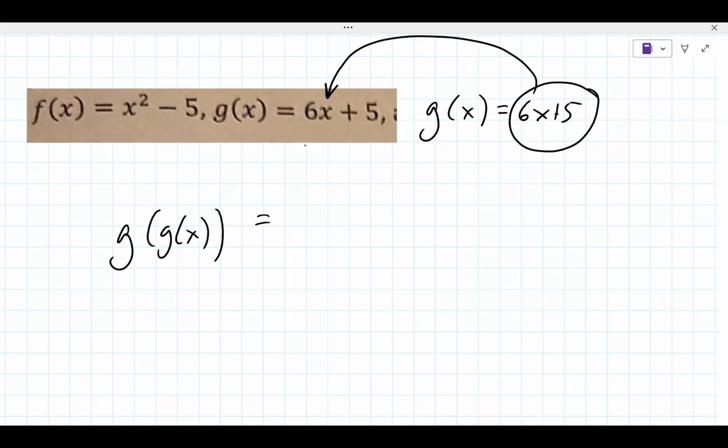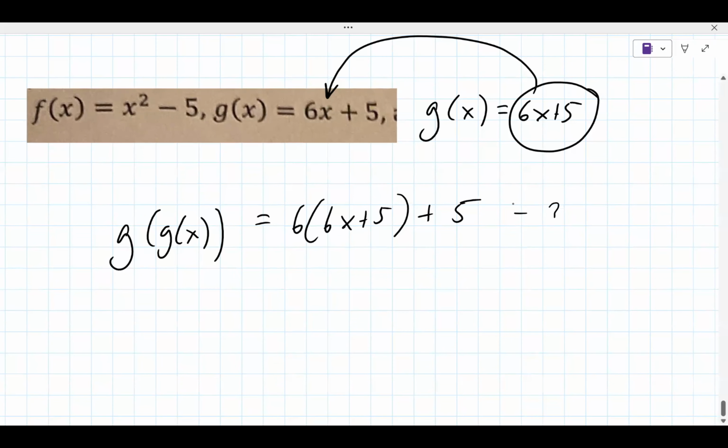So I'm putting g back into itself. Yeah, back into itself. So 6 times 6x plus 5, 36x plus 30 plus 5, 36x plus 35.